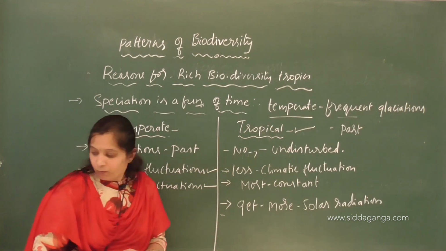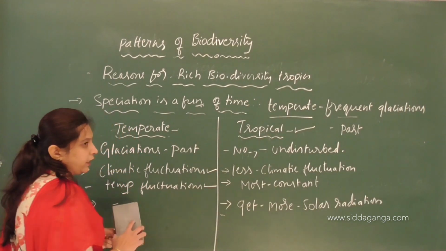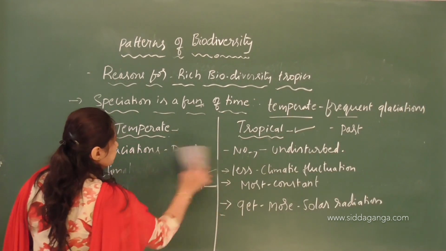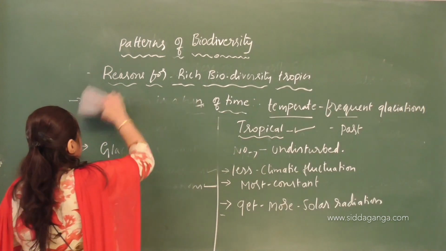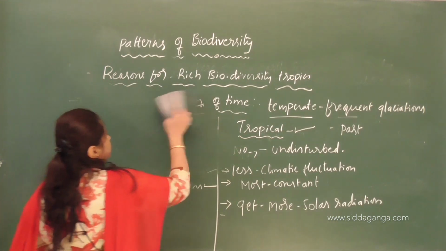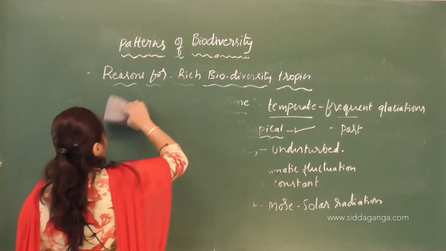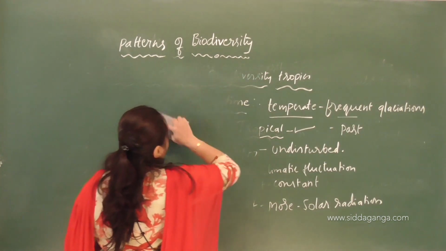And one more thing is the richest biodiversity on the earth is present in the Amazon forest. You know now, the Amazon forest, which is located in South America, the tropical Amazon rainforest.